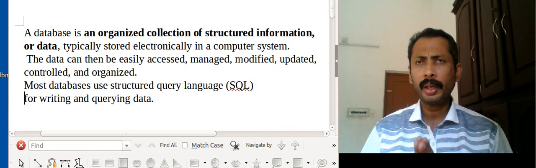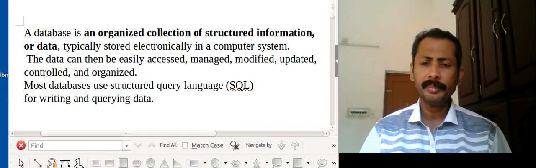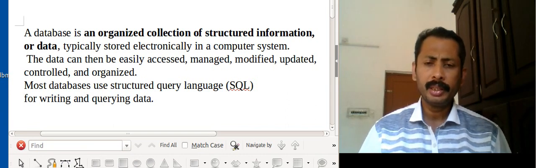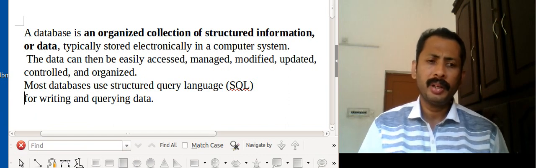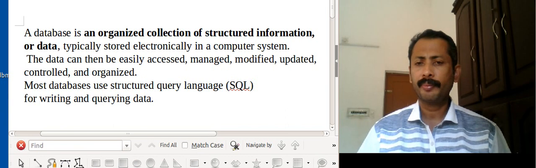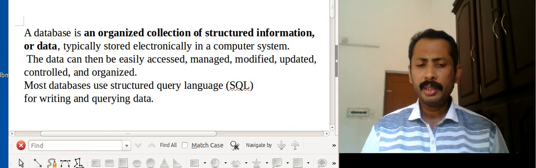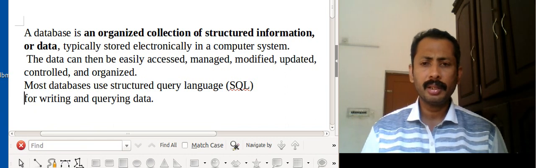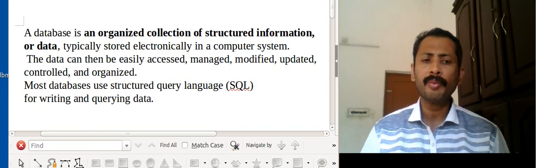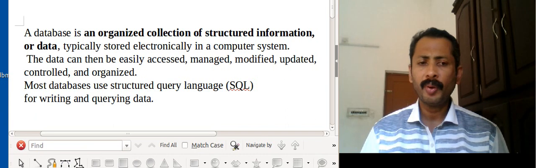The singular term for data is datum, and data is the plural form. It means a collection of datum is data. This data can be organized in a row-column format to form a database.